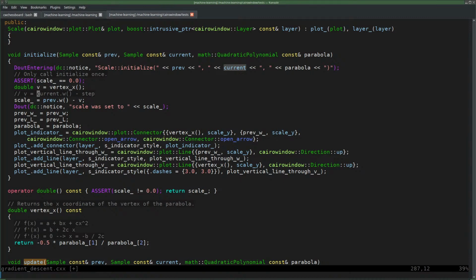Well, I should use the one that gives me the largest scale. Isn't that always current? Sorry, is that always previous? Not necessarily, is it?